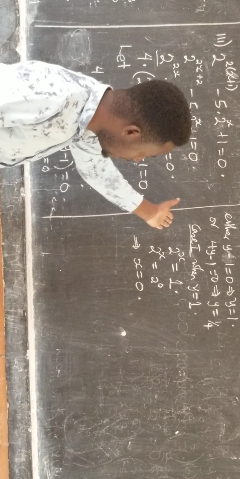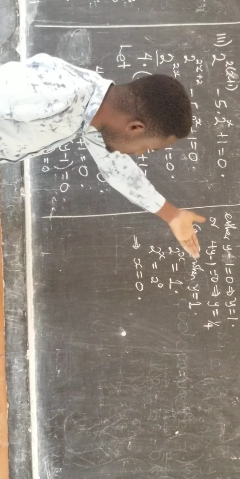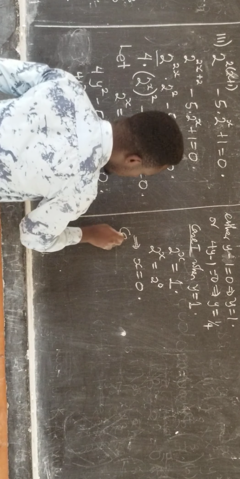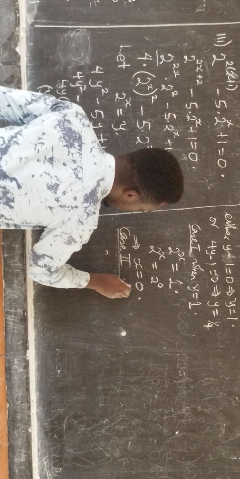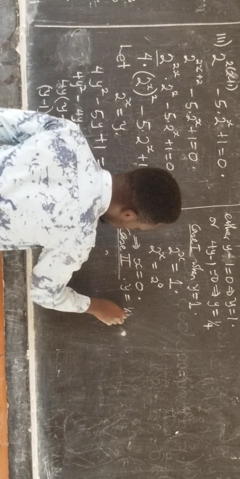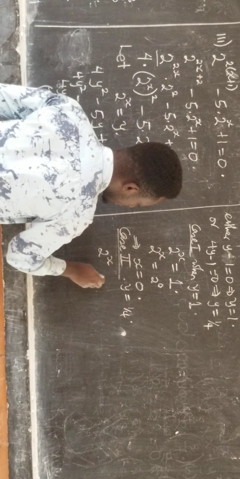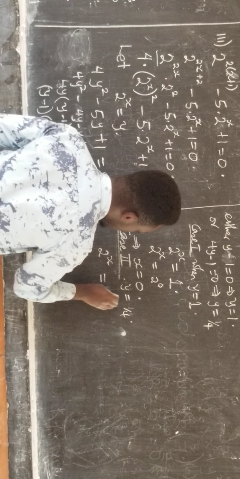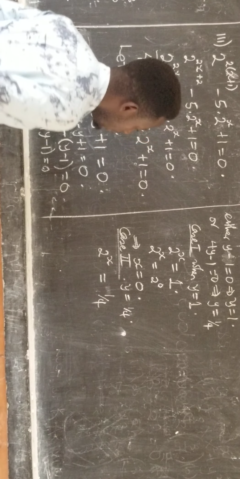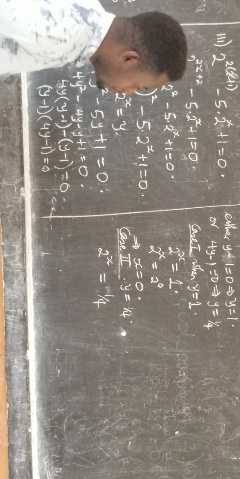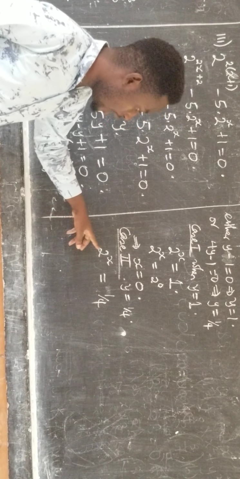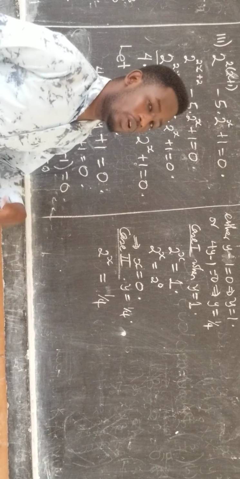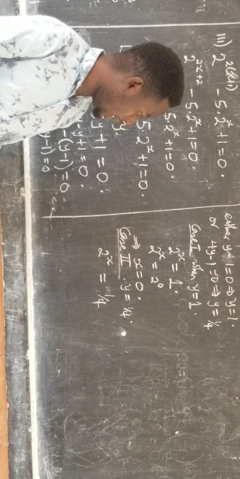Is that okay? However, you can also apply logarithm. For example, in case 2, let's see what will happen if I apply logarithm, whereby I'm now using y as a quarter. So I have 2 power x is equal to a quarter. Of course, I can express a quarter in terms of 2, because 4 is 2 power 2, so 1 out of 2 power 2 would actually be 2 power minus 2. But instead of using this, let me apply logarithm so that you can understand.